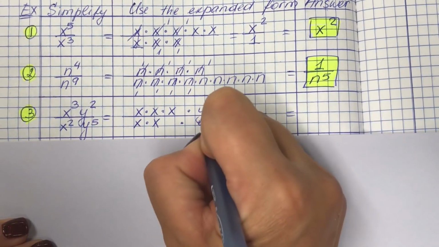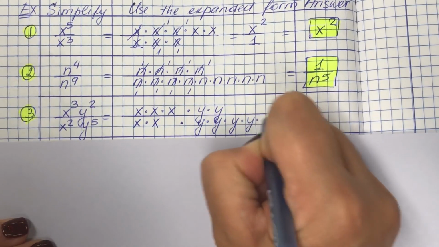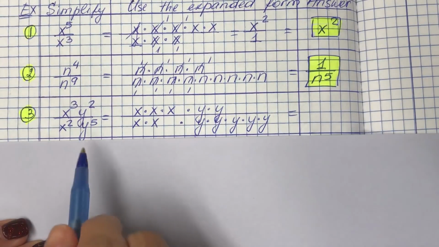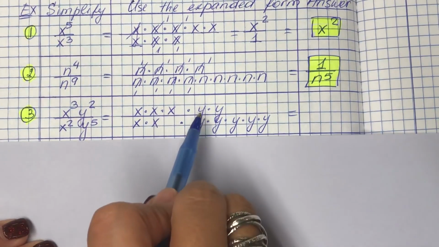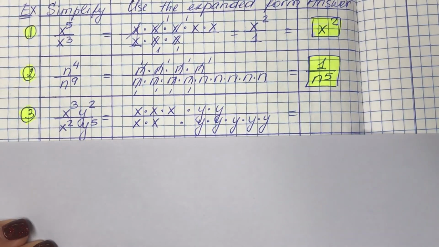And I like to line them up, so I'm going to put the multiplication of y by itself 5 times lined up with the y's. That way I can see my x values clearly. One of them is still sticking out here, my y values, so I have more on the denominator. That way when it's lined up, it's easier to simplify.